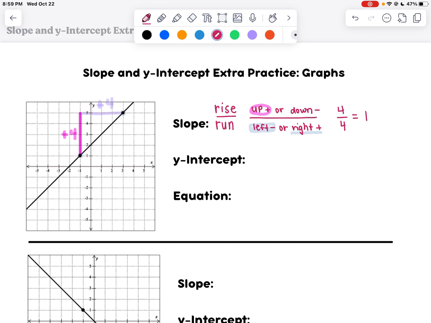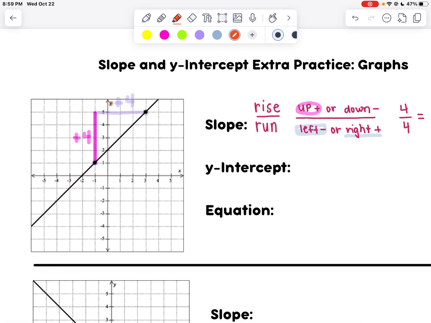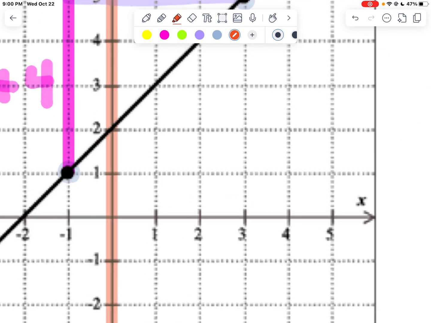My y-intercept, I need to look down my y-axis. If you look super close, there's this little tiny y right there. That's reminding us that this line right here is my y-axis. Now my y-intercept is where my y-axis touches my graph.